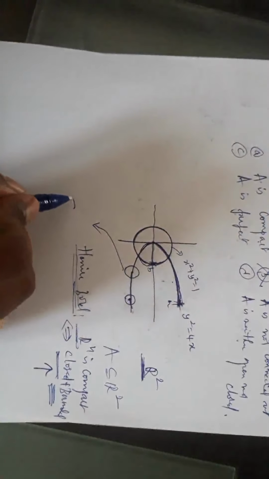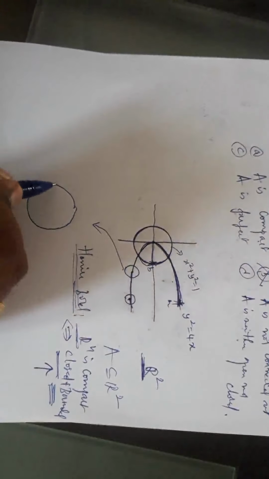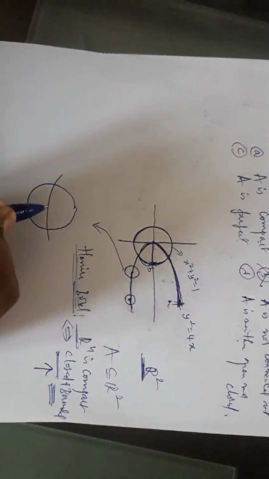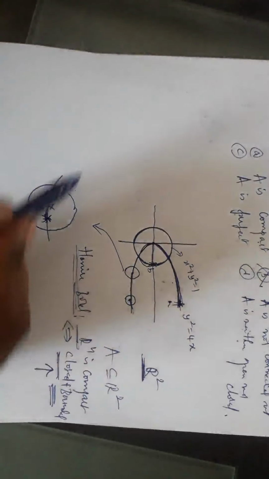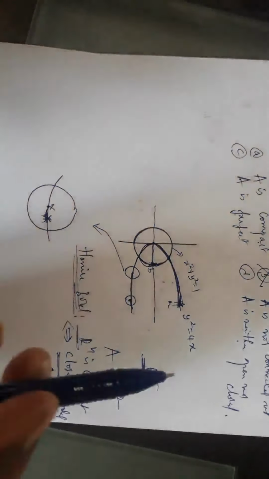Let me zoom in. The situation is this: your parabola is going like this, and if you are here, you exclude this point, and in between you can find a point here. If you can find one point, it is equivalent to finding infinitely many points. So every point is a limit point. Wherever you go, that is true.